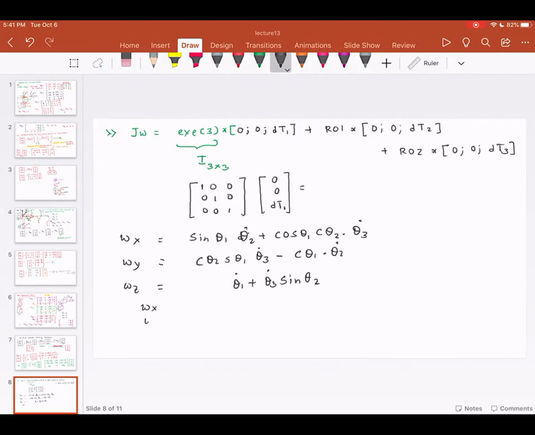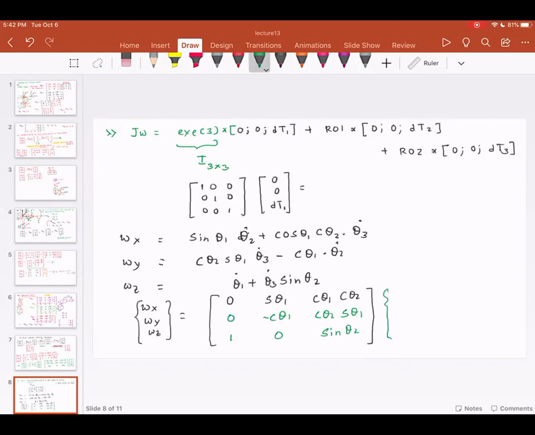And if you want to write this as the Jacobian, this equation is going to be like 0, sine theta 1, cosine theta 1 cosine theta 2, then 0, minus cosine theta 1, cosine theta 2 sine theta 1, and then 1, 0, sine theta 2, multiplied by theta 1 dot, theta 2 dot, theta 3 dot, and this is the angular velocity Jacobian.